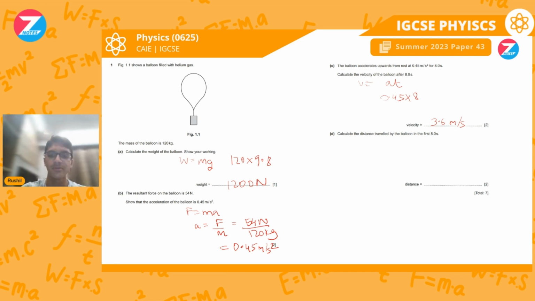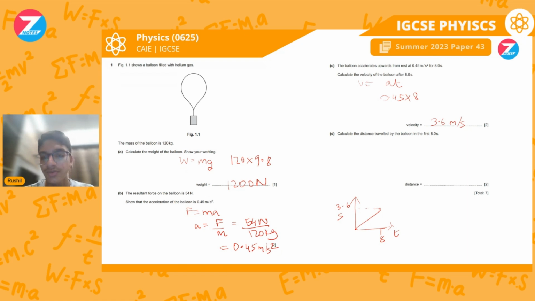Now, calculate the distance traveled by the balloon in the first 8 seconds. So, for distance traveled, if we can visualize this whole scenario like a speed time graph, the balloon starts from rest at 0, and after 8 seconds, it reaches a velocity of 3.6 meter per second.